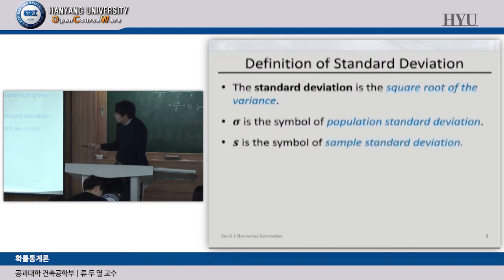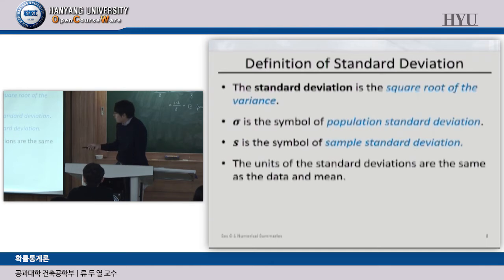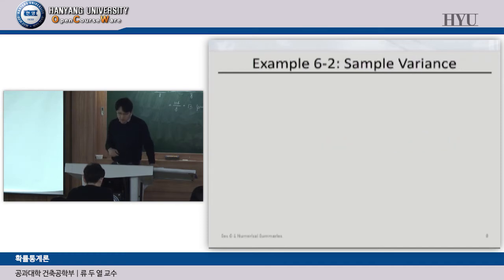And also, s is the symbol of the sample standard deviation. The sample variance was s squared, so the root of s squared is just s. So the unit of the standard deviations are the same as the data, and also the mean.